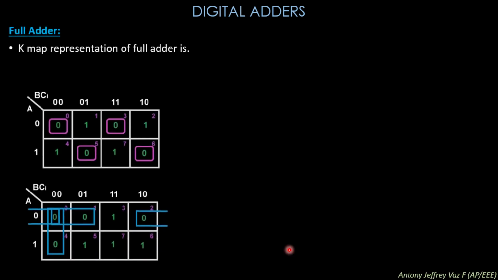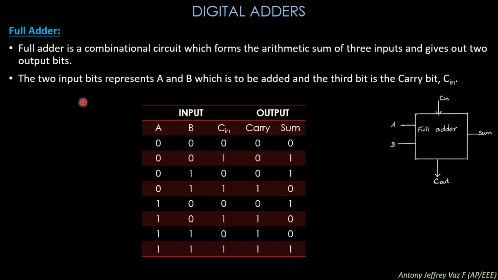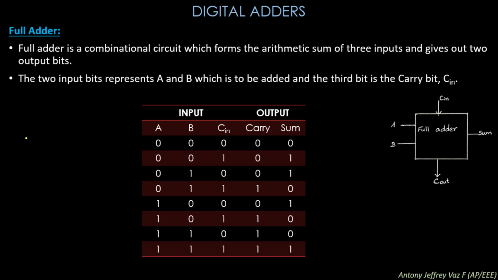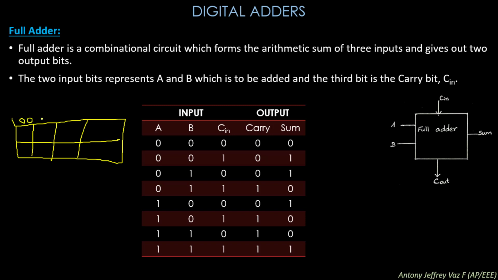So for this you can represent these things in the K map. So I will help you. Okay, this is 00, this is 01, this is 11 and 10.